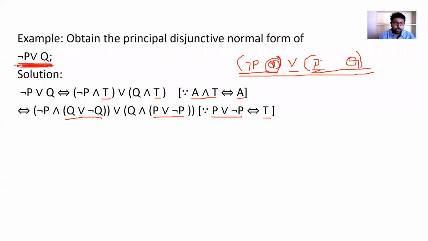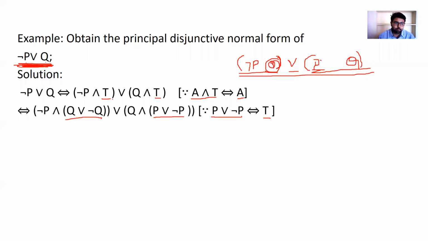Based on this true, I'm going to write the missing terms here, to make this into a complete term.